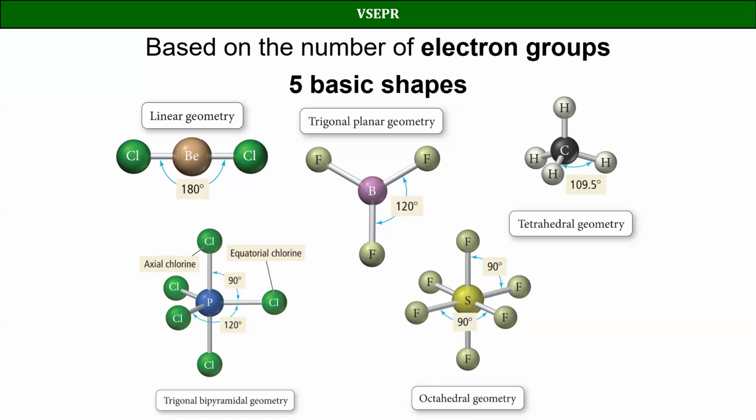So this is the one that looks like an 8-sided die. Or you can think of it as two 4-sided pyramids, like the Egyptian pyramids in Giza, stacked bottom to bottom. And that's the overall shape that you get here.